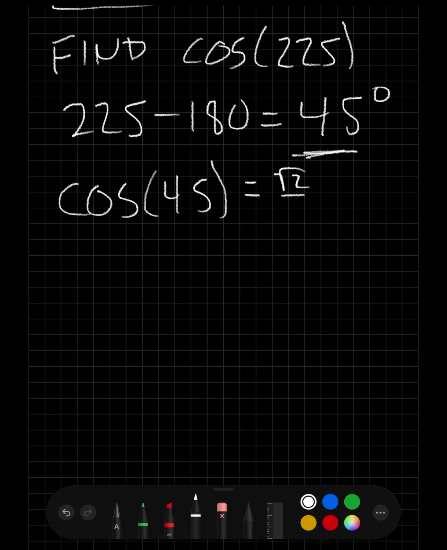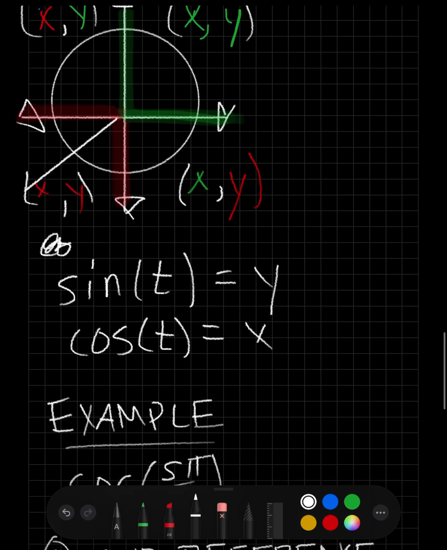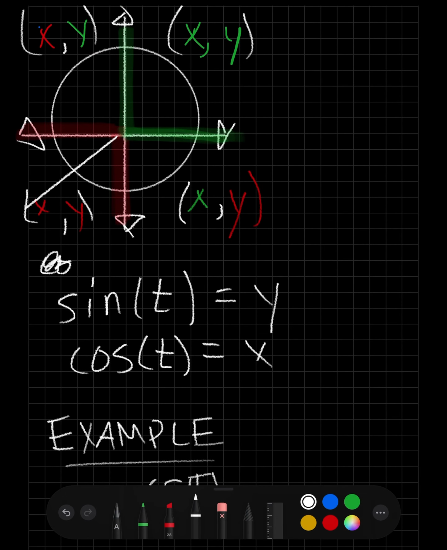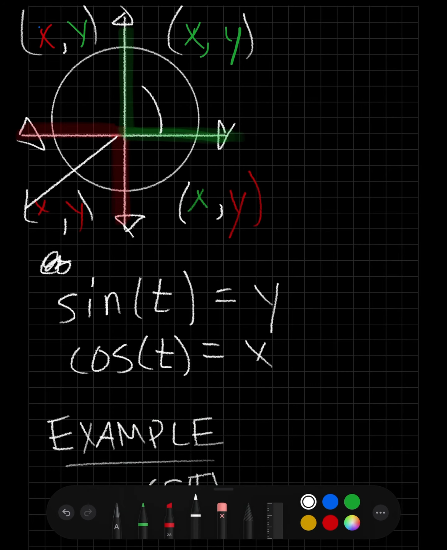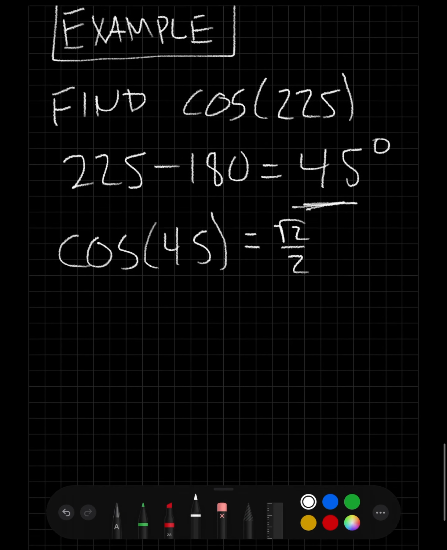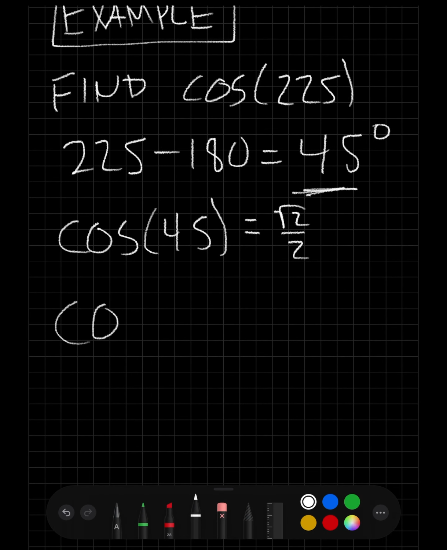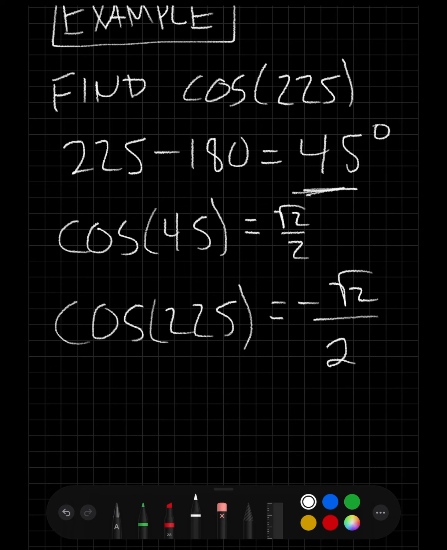But if I were actually looking at this angle, 225, where it would really be is all the way over here in quadrant 3. And so I see that in quadrant 3, my x and my y values are both negative. So when I try to find the cosine of 225, the cosine of 225 will be negative square root of 2 divided by 2.